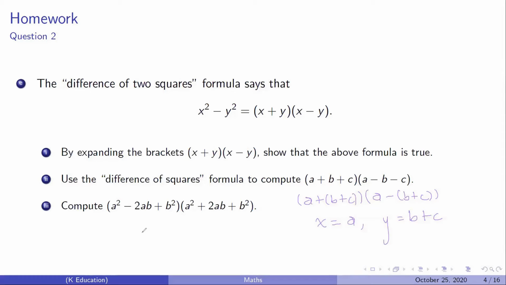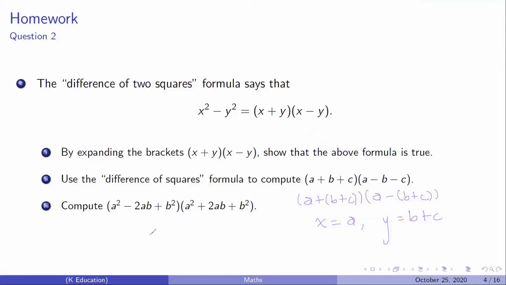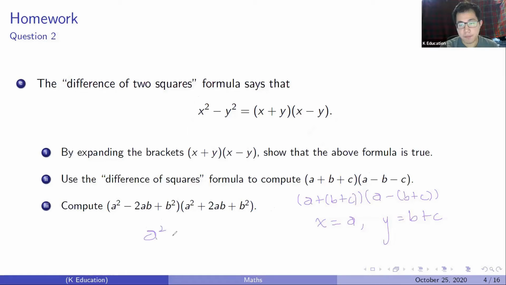So using this, you understand that this is the same as this, right? Yeah, a squared, plus, oh no, minus.